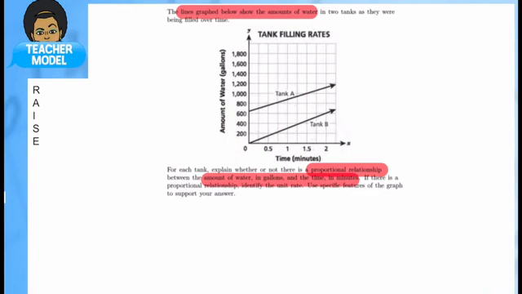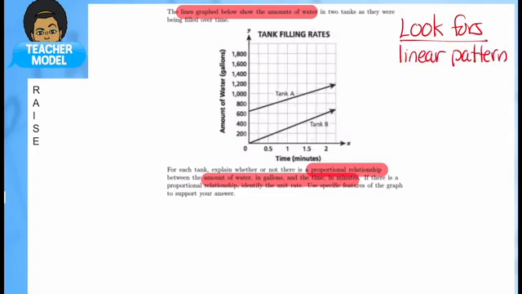Okay, so there's tons of stuff they're asking for here. So let's jump to it and let's look at what we're seeing and what we're noticing. So again, I'm looking for a few things. Here's my look fors. I'm looking for my linear pattern in ordered pairs.